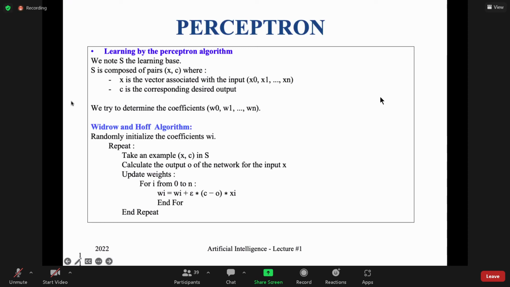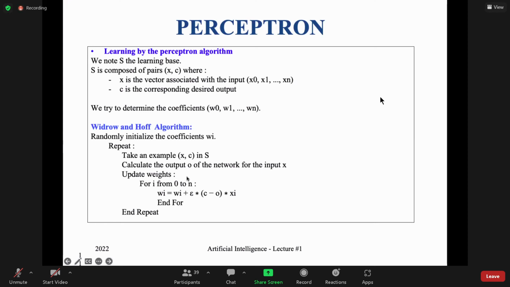And for each example in S, I give a category. I gave a lot of examples about that from this morning. And now the question is how to obtain the coefficients w0, w1, and so on. So the algorithm, that is the question.